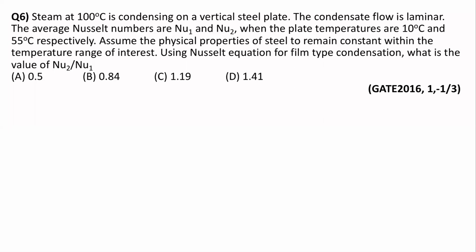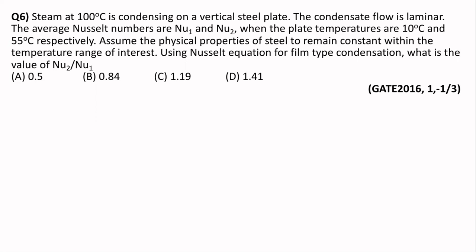This is from GATE 2016, and this is the only case where your Nusselt equation has been used, the very equation that we had discussed at the last of yesterday's class. So the question reads as follows: steam at 100 degrees Celsius is condensing on a vertical steel plate. The condensate flow is laminar.